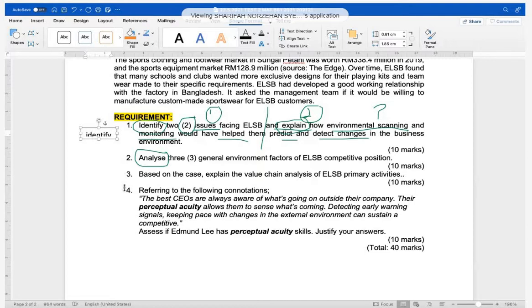You identify in the first part of your answer, then the next part you explain. But you must take note what it is that you're supposed to be explaining here.